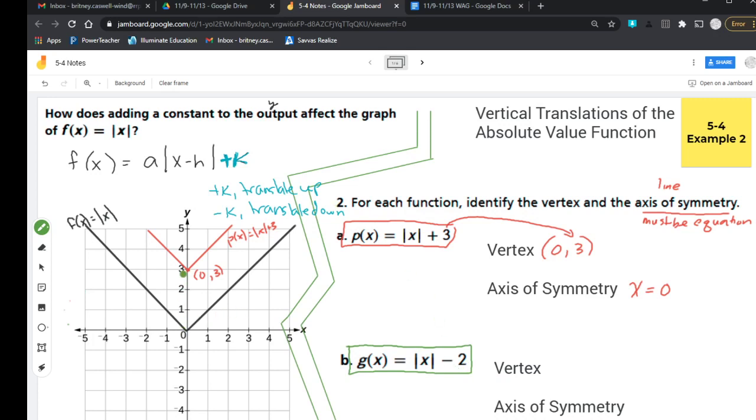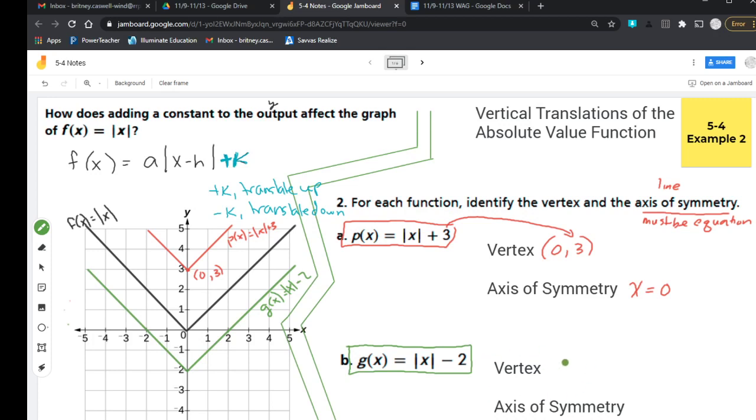So when adding makes us go up, subtracting shifts the graph down. And so each point that's on this parent function is now moved down by 2. And so you get a graph that looks like this. So this is g of x equals the absolute value of x minus 2.